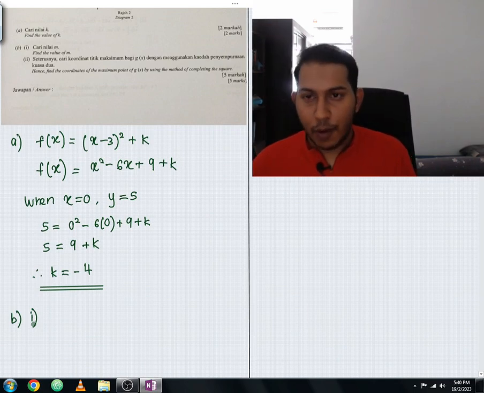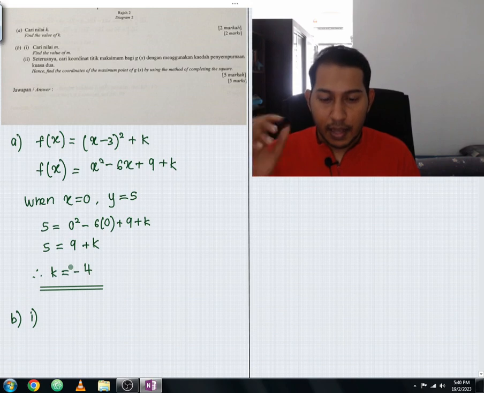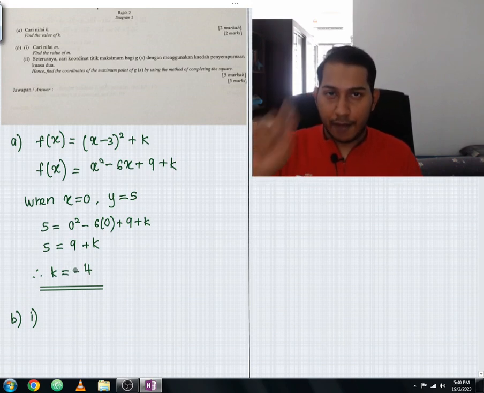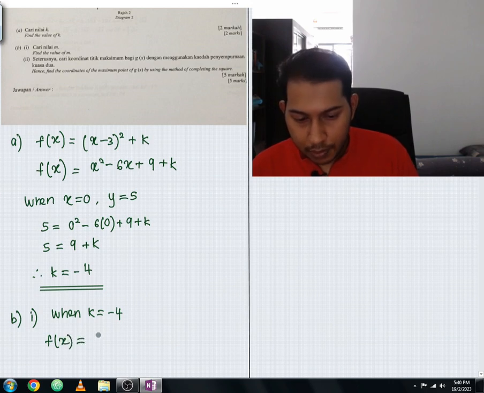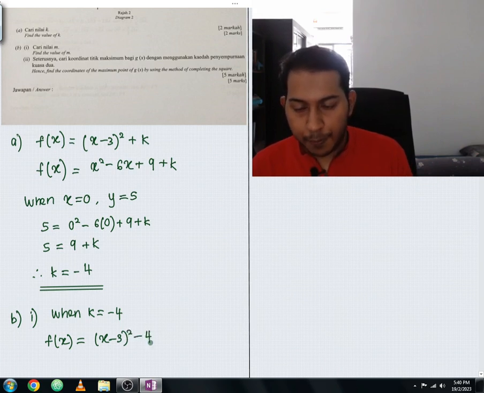Okay, so from here what we're going to do is substitute the k equals -4 that we got in part A of the question into the f(x) equation. So when k equals -4, f(x) is equal to (x - 3)^2 - 4.